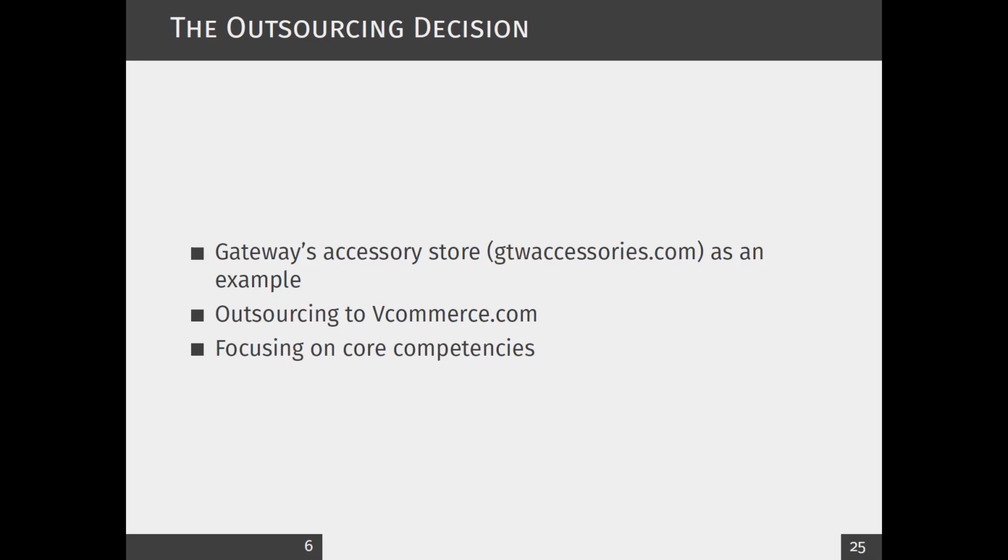So this particular website, they are not actually doing it online themselves. Instead, they have got another partner to do that for them. So what happens is there is this e-commerce company that takes care of the e-business for Gateway Accessory.